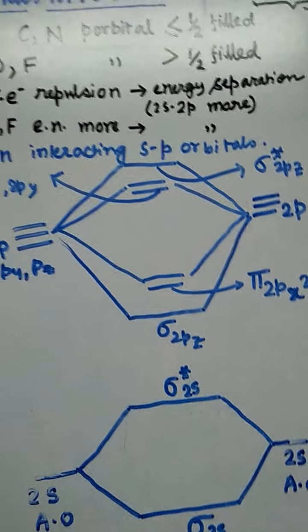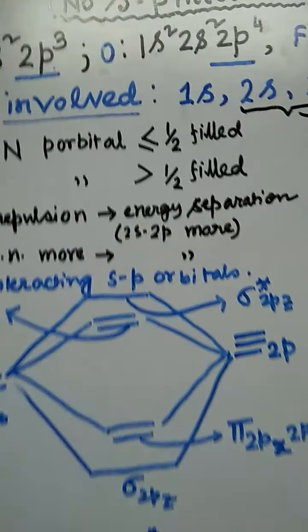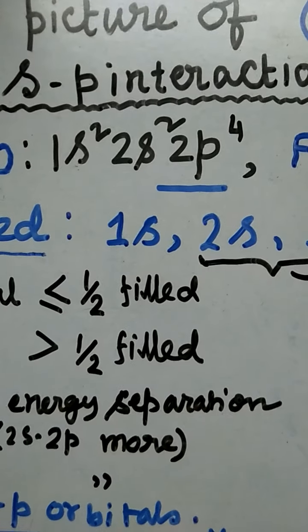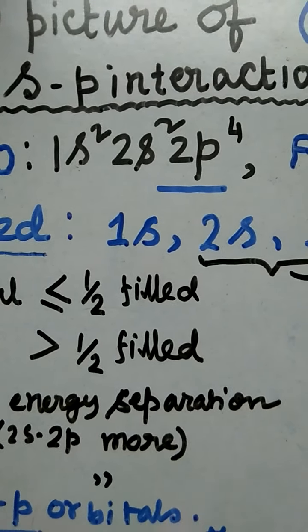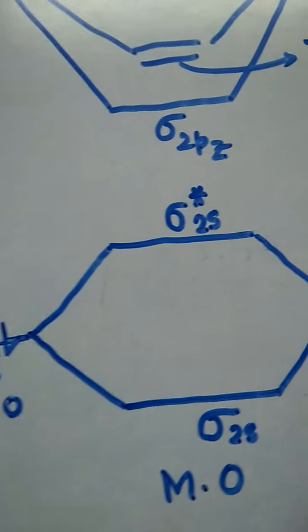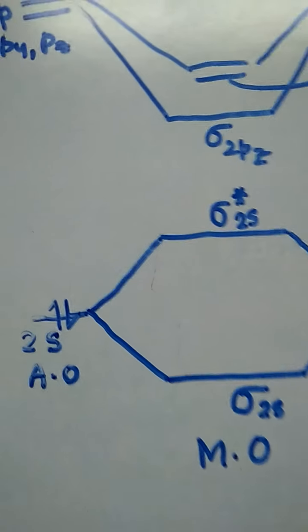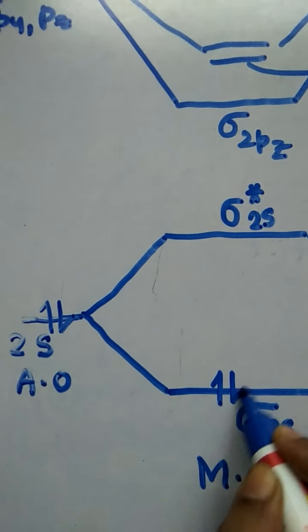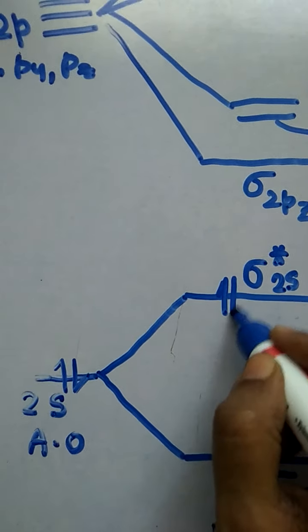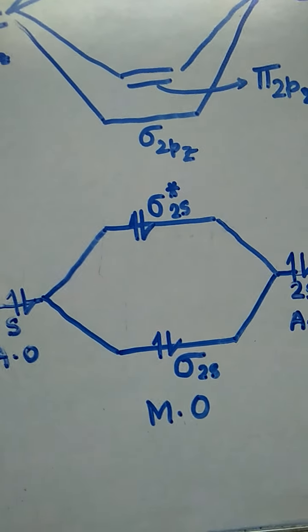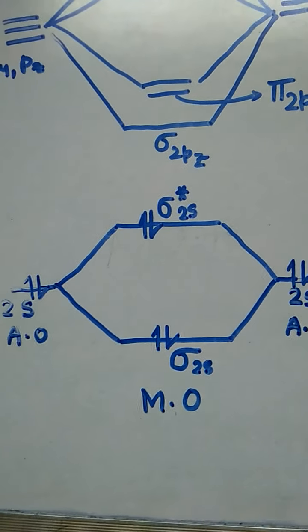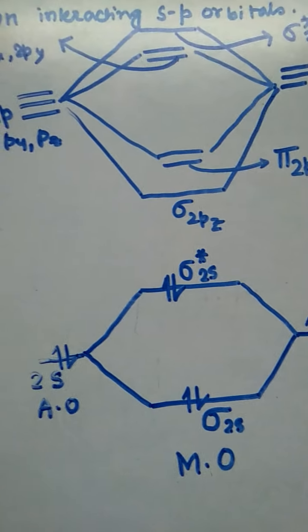Now let us consider the case for oxygen. What was the electronic configuration? 1s2, 2s2, 2p4. So we will put 2 electrons here in each side. These are the atomic orbitals of oxygen, and this sigma and sigma star will be occupied by total 4 electrons, 2 bonding and 2 anti-bonding electrons.